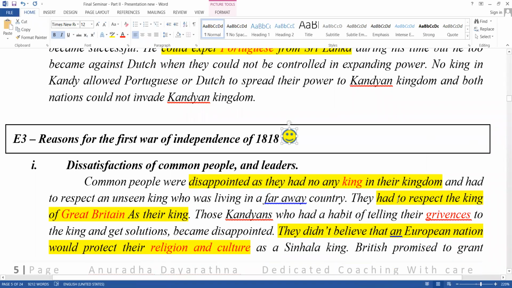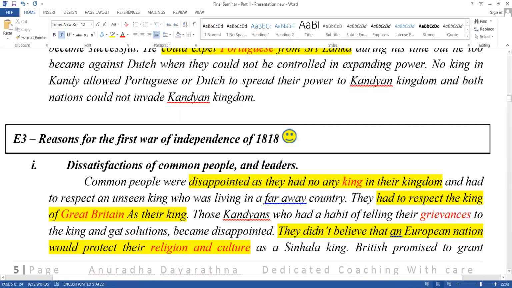And they had to respect the king of Great Britain, a king who was living in a faraway country. Those Kandyans who had a habit of telling their grievances to the king had no one to tell the grievances. They did not believe that a European nation would protect their religion and culture as a single king.